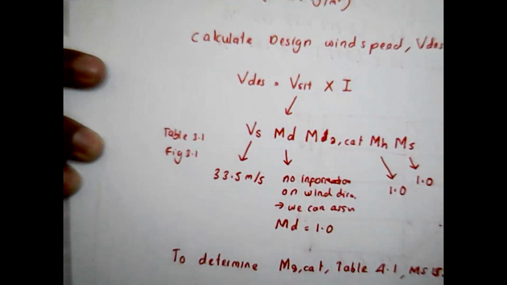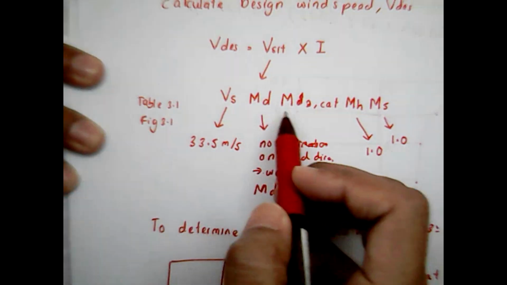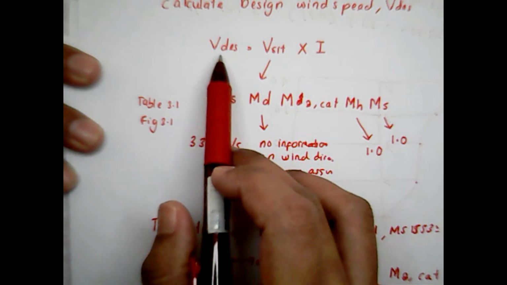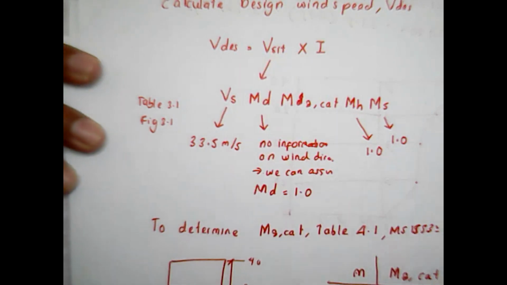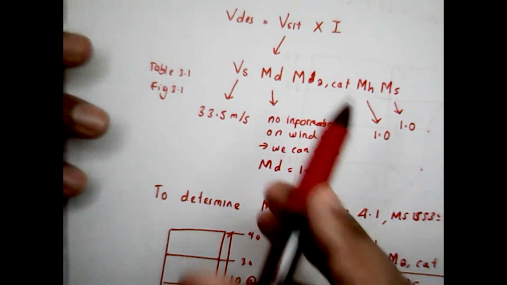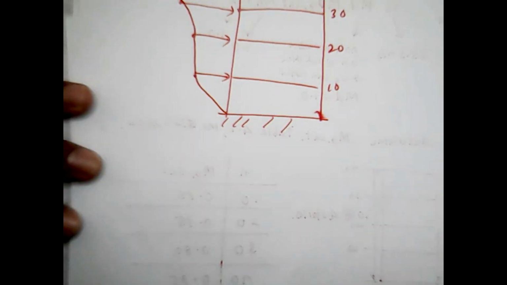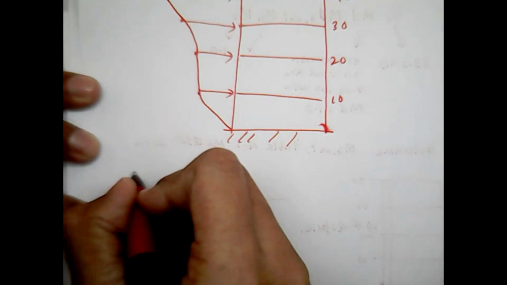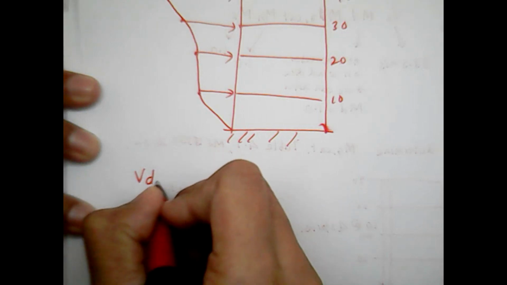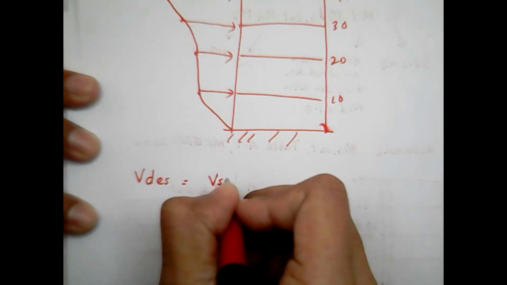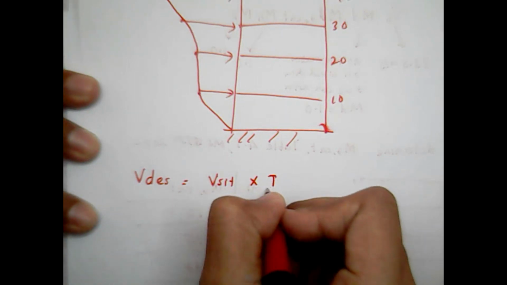Now we have all the parameters that we require, so we can calculate our V dash. By inserting all the values that we have into these equations, because we have the V seats and so on, our V dash is equivalent to V seat times the importance factor.